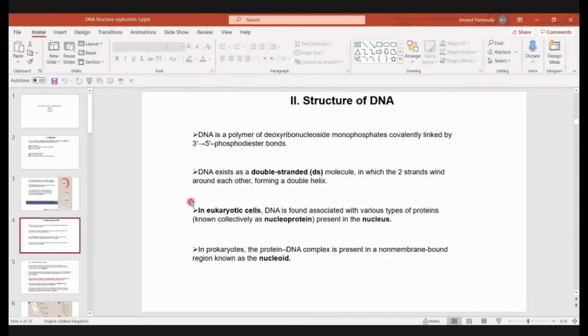So let's look at the structure of DNA. We have already seen the building blocks of DNA, which are the deoxynucleotides that we mentioned before. So DNA is basically a polymer of deoxyribonucleoside monophosphates we talked about last time. So they are a polymer.